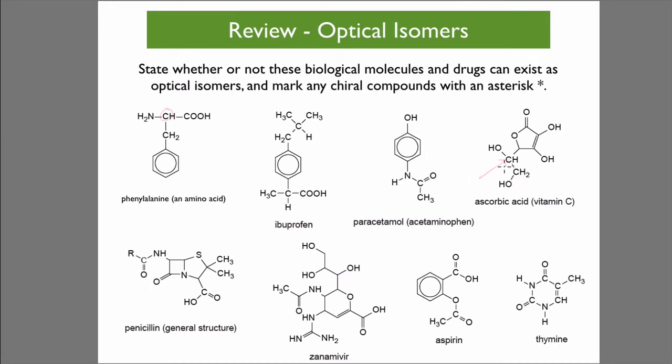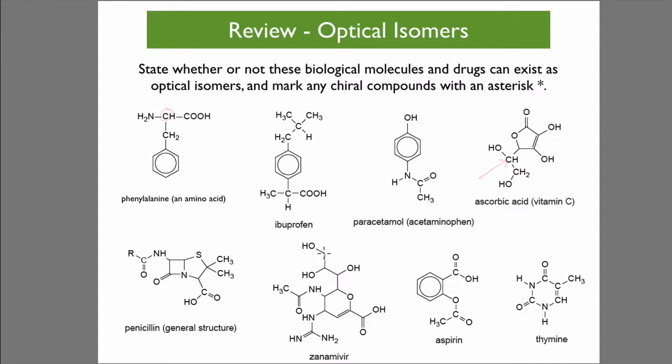So vitamin C is an optical isomer or chiral compound. Over here, penicillin. This carbon here, obviously it'll have a hydrogen too. So this is a chiral carbon. And this one here looks like it's also a chiral carbon. So there's 2 chiral centers for penicillin.